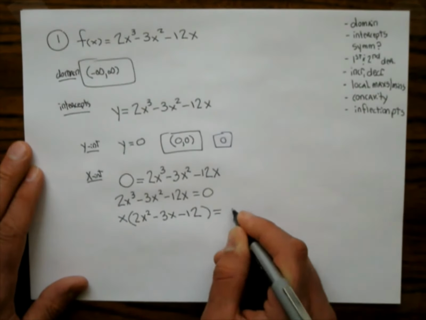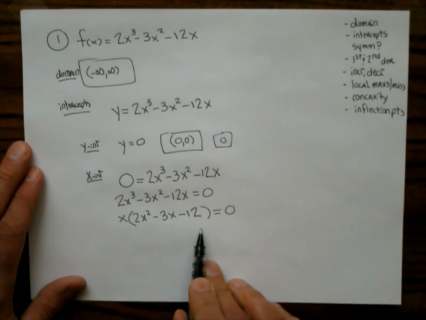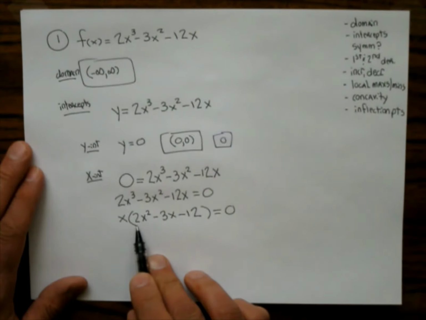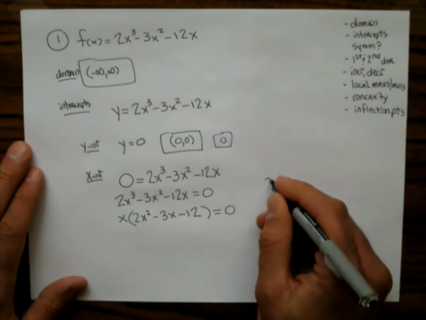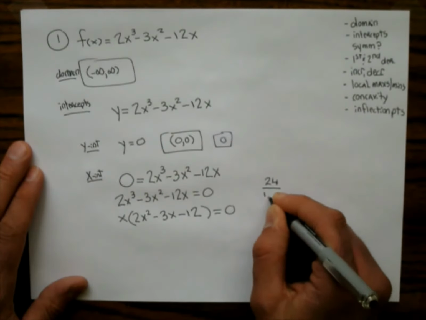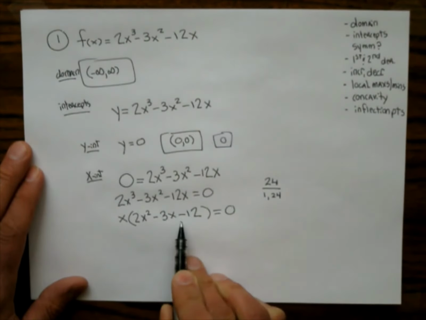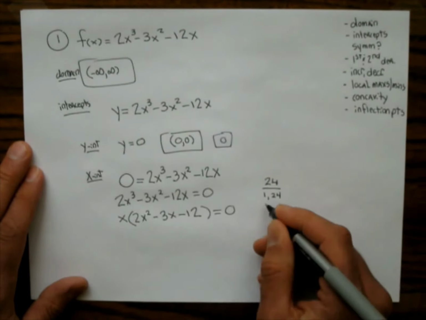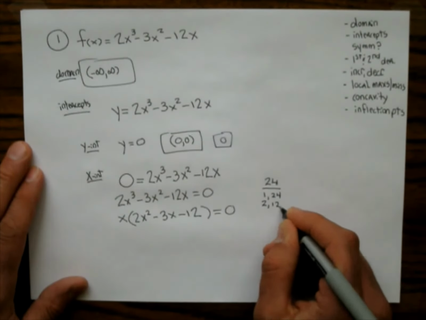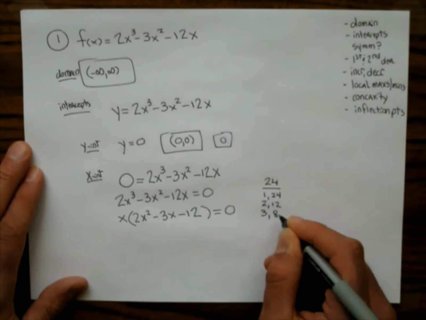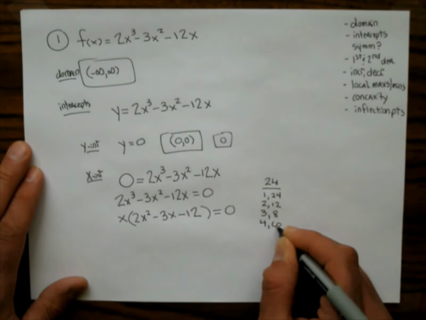And the hope would be that this quadratic can factor over the rational numbers, so I'll go 2 times 12 is 24. Are there factors of 24 that subtract to give me 3? So let's see. 2, 12, 3, 8, 4, 6.